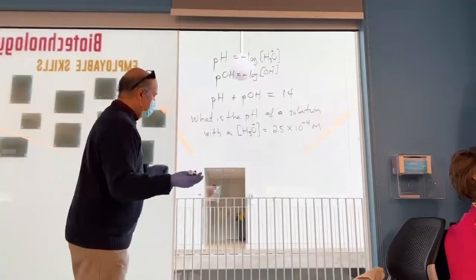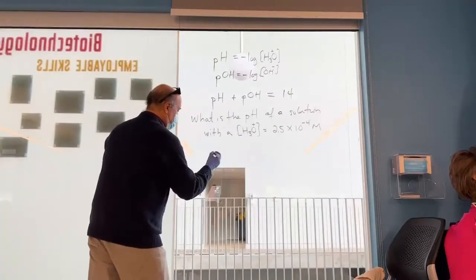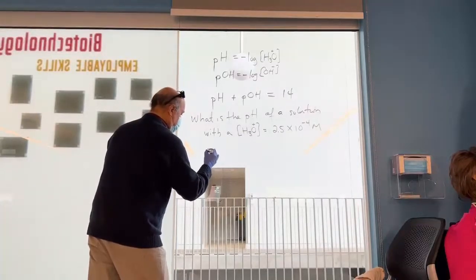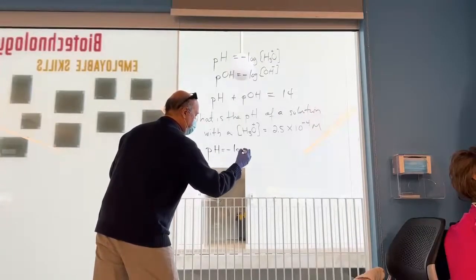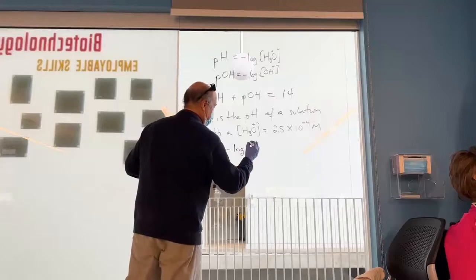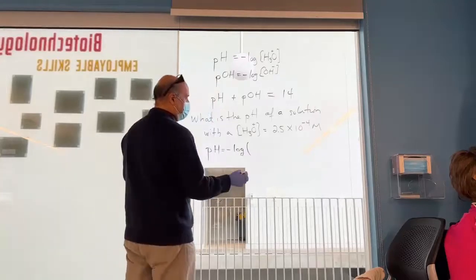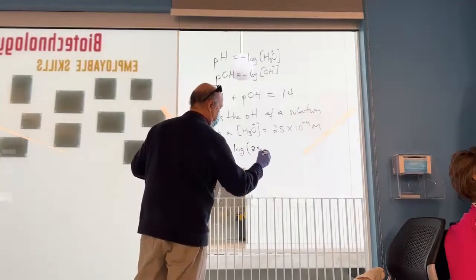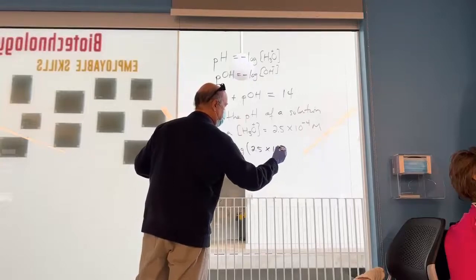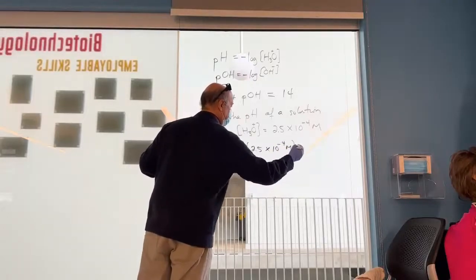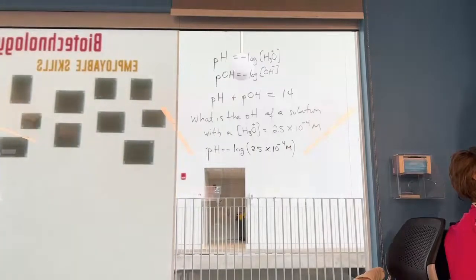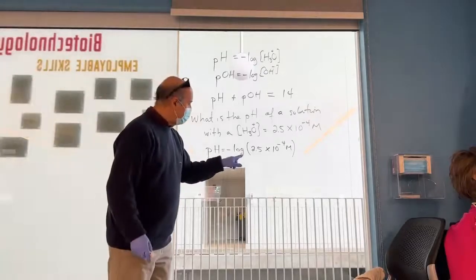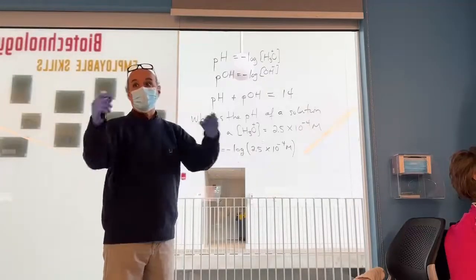So to address the question that Stanley made, let's put the equation negative log of, and I'm going to put parentheses now instead of brackets because I have the molar units here, of that. So indeed, on your calculator, what you would do is you would put log of that, and it's going to give you a negative number.